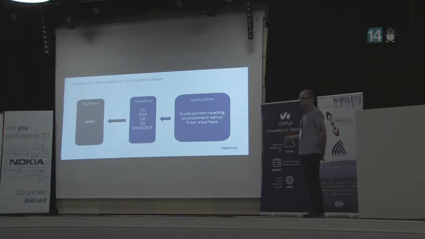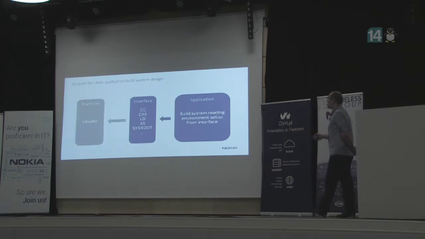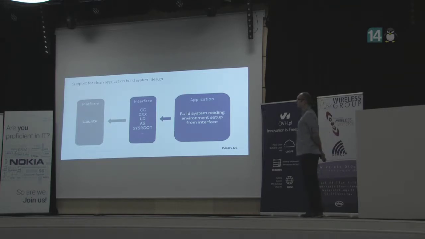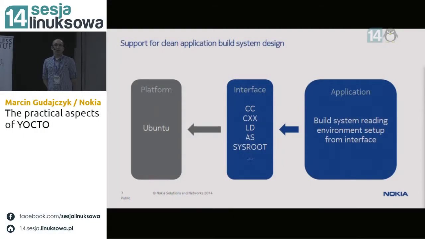With this construction, we will have stable elements like the application itself and the interface, which should not change. The platform will be the thing that can be changed. So right now, we can notice that we can pick some other platform which will fulfill the requirements of the application and the interface, which can be Ubuntu, which can be CentOS.